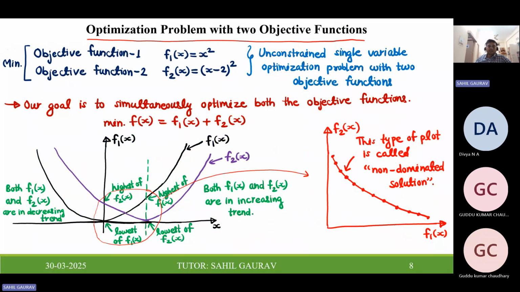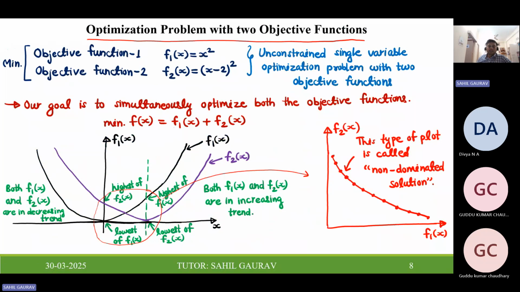Since the variable is single, our goal is to simultaneously optimize both objective functions. So we have to minimize f(x) equal to f1(x) plus f2(x). If you see in this range, when we have the lowest of f1(x), then f2(x) is at its highest, while at the other point, when we have the lowest of f2(x), at that point f1(x) is highest.